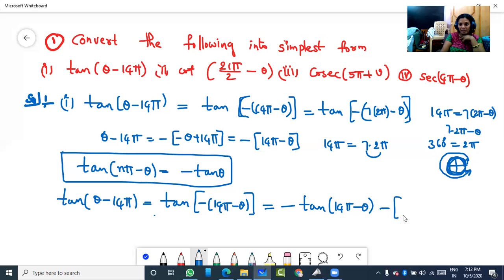So that is minus of, 14 is even, and even means tan stays tan. This is minus tan theta, minus into minus is plus tan theta. Therefore, tan of theta minus 14 pi equals tan theta.